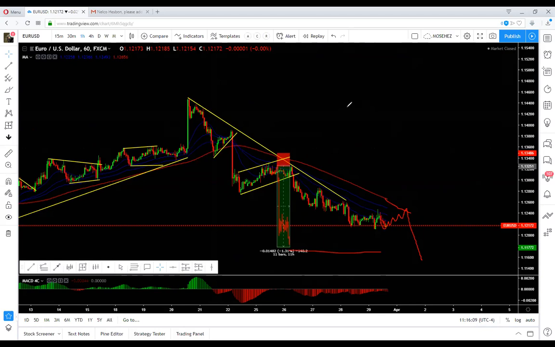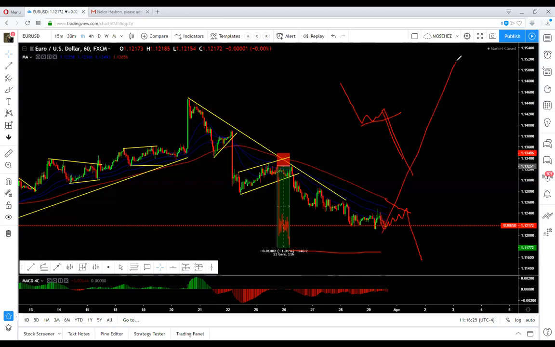If we are expecting this particular move to happen, remember in the dollar chief, we are expecting the dollar chief to fall down. So if that move will happen, then this move is going to happen.